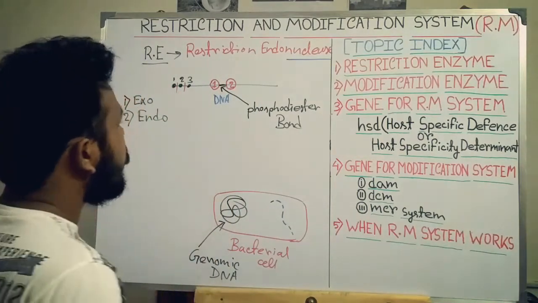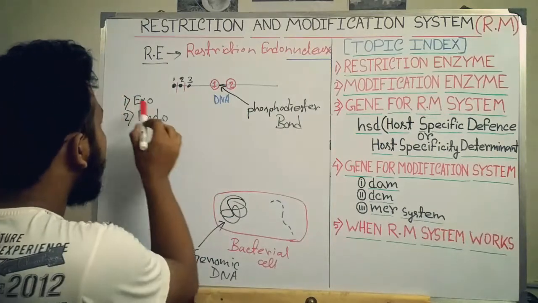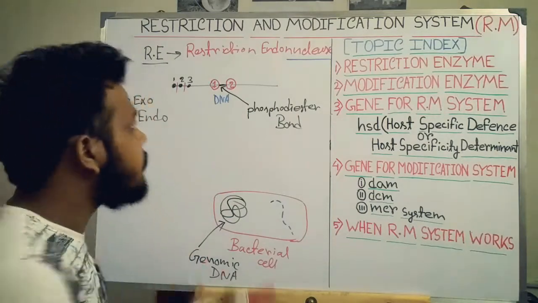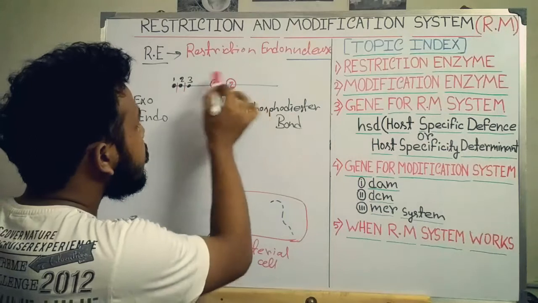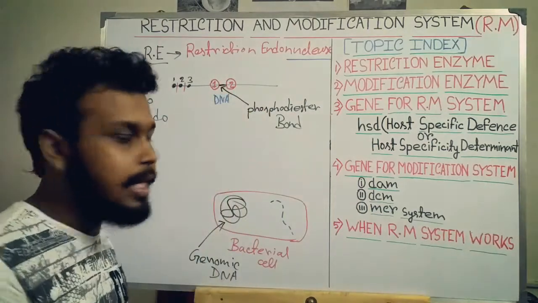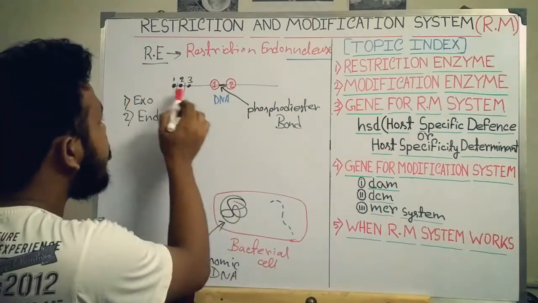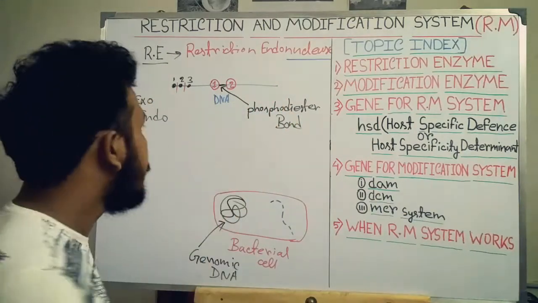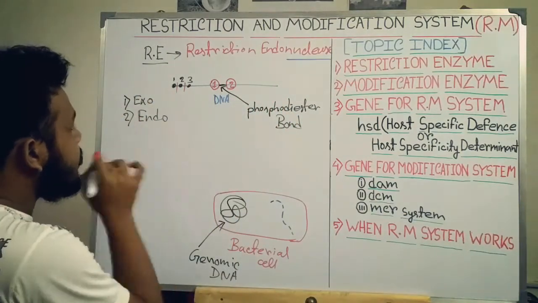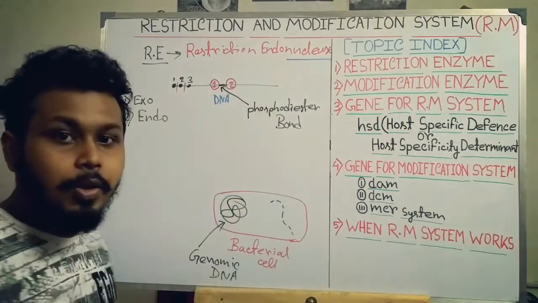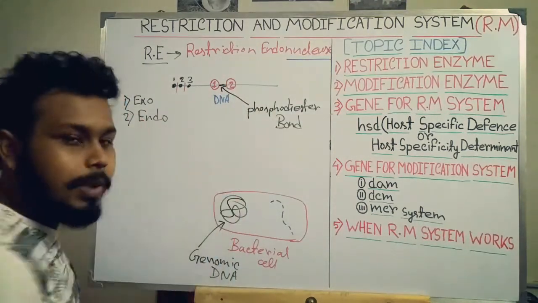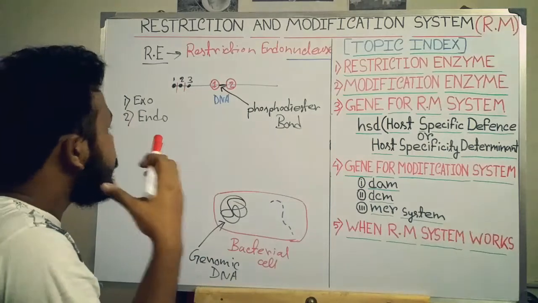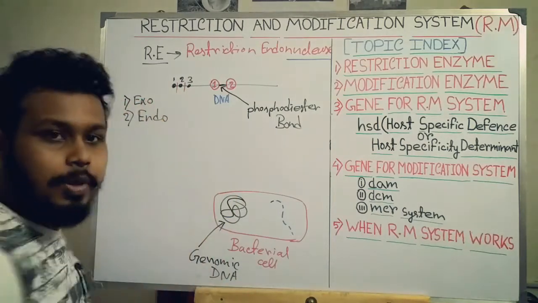But remember that the exonuclease enzyme cannot cut the DNA at any position in between. It can only cut the DNA from the extreme end of either side. Now, what is the endonuclease enzyme? This endonuclease enzyme is the opposite of the exonuclease.